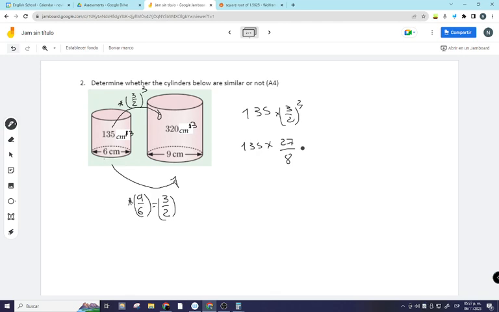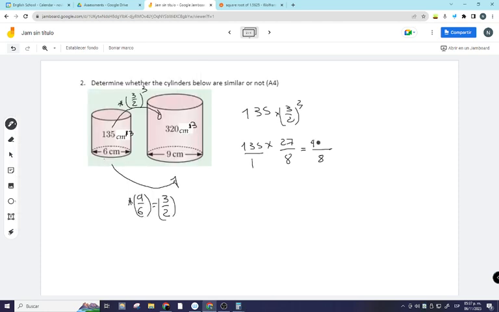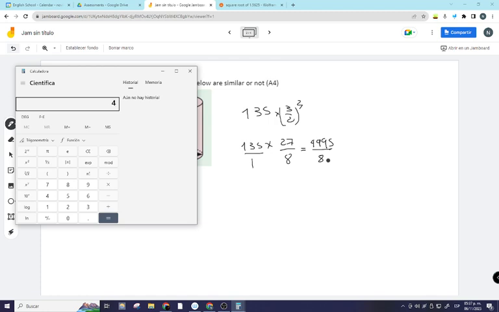Then we can put a 1 underneath this and make 135 times 27 and 1 times 8. Let's do it. 4,995, and then divided by 8 is 624.375.